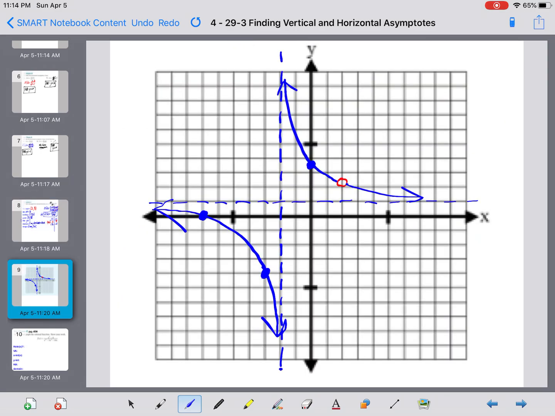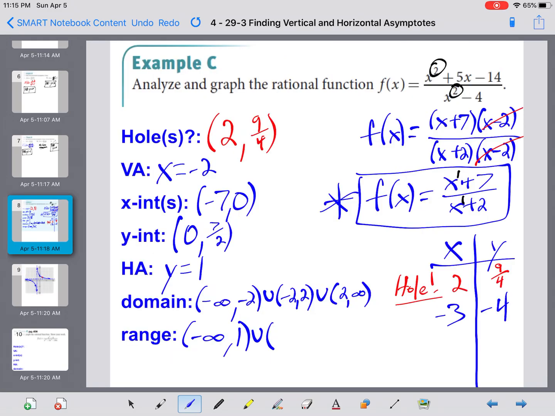Union. Now here's where it gets a little tricky. After 1, you have all these points in between the horizontal asymptote and your hole, but you have to skip over the hole. So you have to go from 1 to the y value of that hole, which is 9/4. That's why it was so important up top to find that y value, not only to graph it, but to identify our range. And then after 9/4, it can go on forever up to infinity.